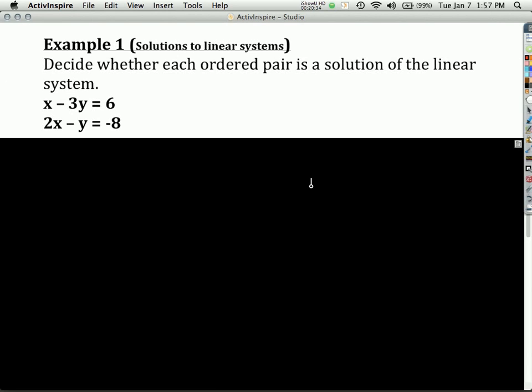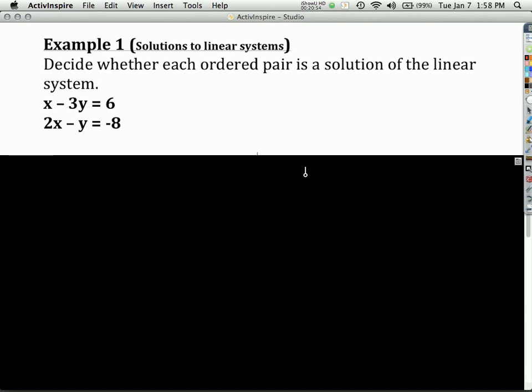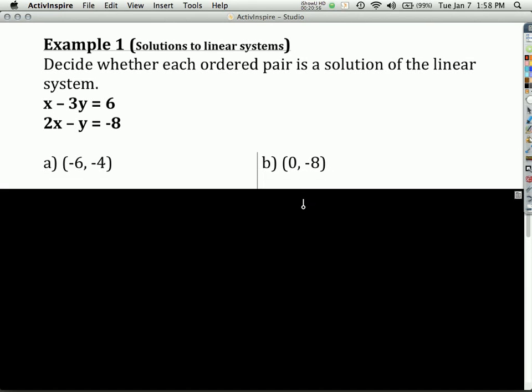That's a system. Now, I would like to know, in part A, is the ordered pair -6, -4 a solution to the system?